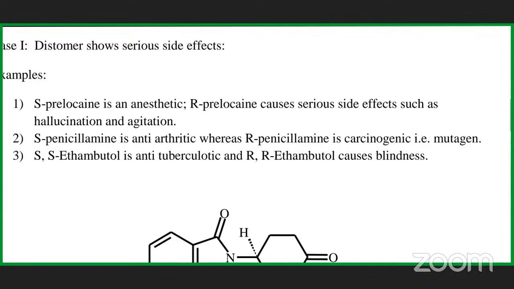Ethambutol. S,S-ethambutol is anti-tubercular, and R,R-ethambutol causes blindness.